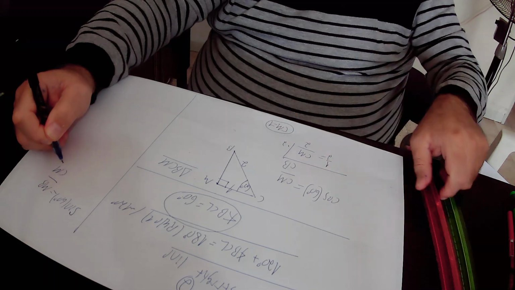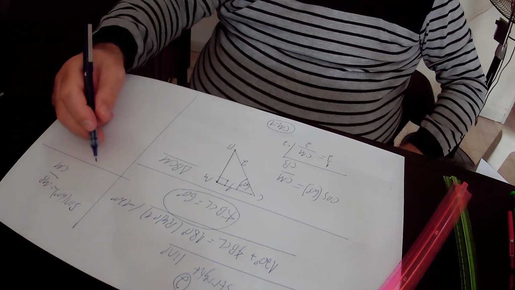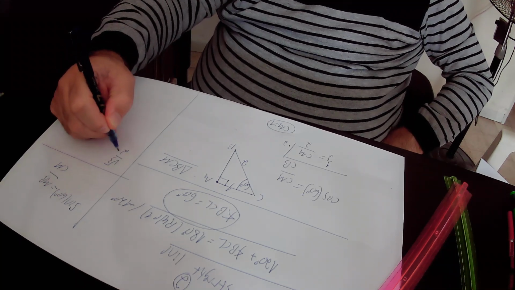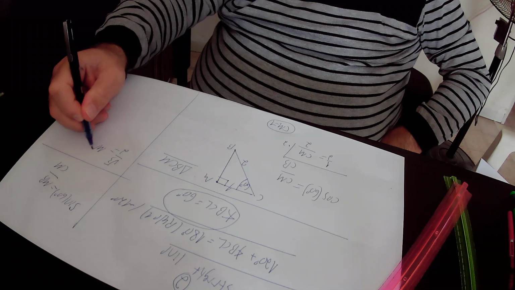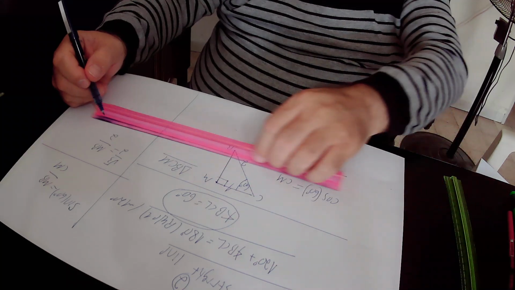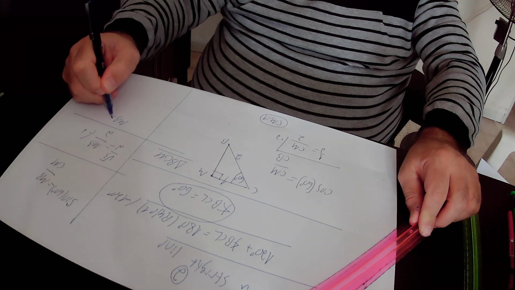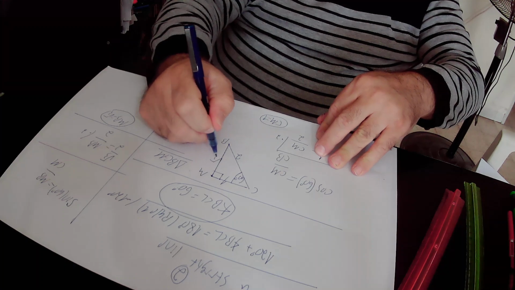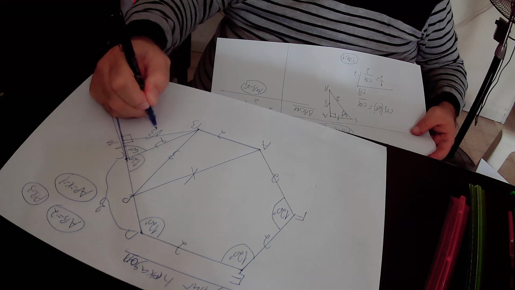Sine 60 degrees is square root of 3 over 2, so we substitute sine 60 degrees by square root of 3 over 2, and it is equal to MB, the missing side, so we leave it as it is, over CM. CM equals 2, so we substitute CM by 2. In conclusion, we found that square root of 3 over 2 equals MB over 2. We multiply this equation by 2, and we get that MB equals the square root of 3 units. You can write on the original drawing that MB equals the square root of 3 units.